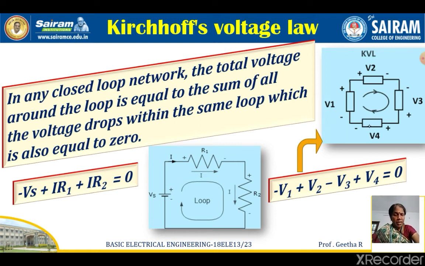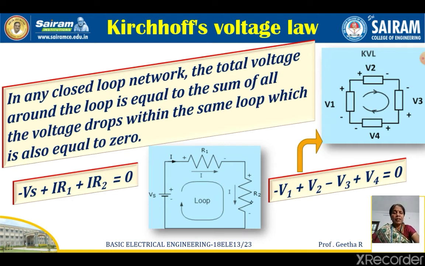You need to add all the voltages. Here all the voltages V1, V2, V3, V4 are directly given, so directly I have added everything. But here only one voltage value is directly given; for the remaining, you have to multiply the current and resistance to get the voltage value, and that should be added. So you should remember that you need to add only the voltages, not anything else.